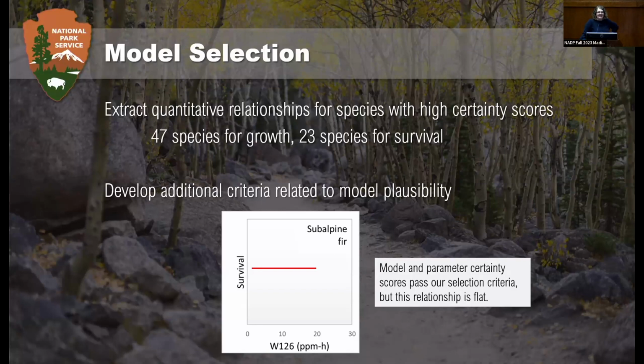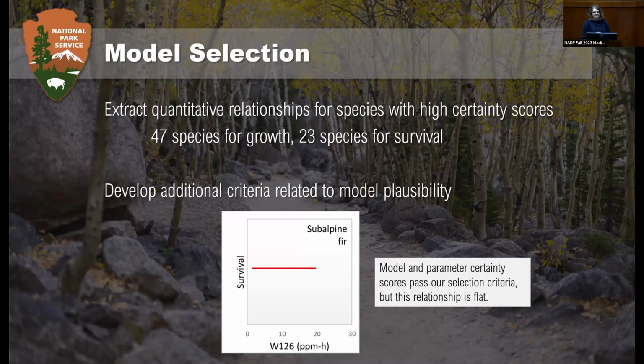Well, it's only about half the models generated. Compare it to the current information that we have for ozone, which is 16 critical levels for tree seedlings just for growth. So this is still a significant addition to what we know about ozone effects and quantitative relationships.